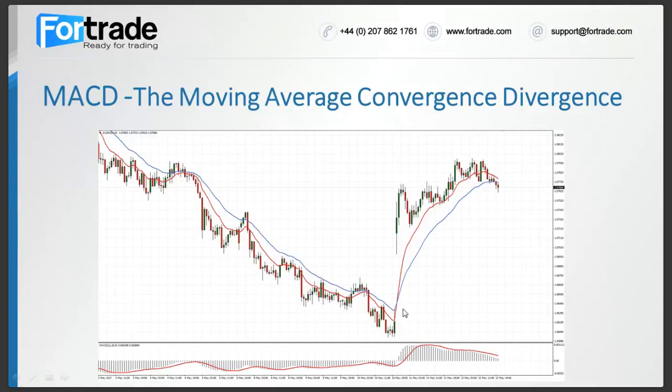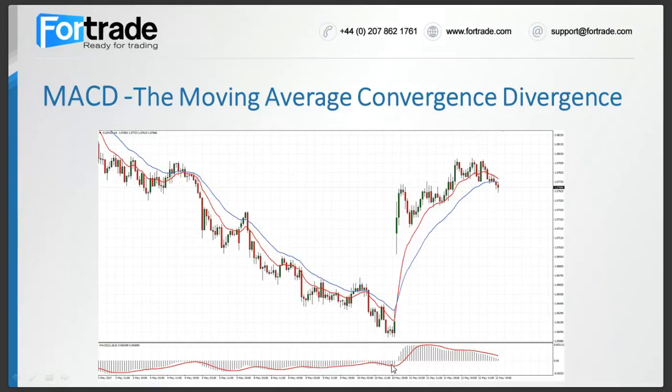So when the short-term exponential moving average starts going above the longer-term moving average, then we have this activity. And of course, the opposite: when the short-term moving average is below the longer-term moving average, the histogram is showing lower activity.